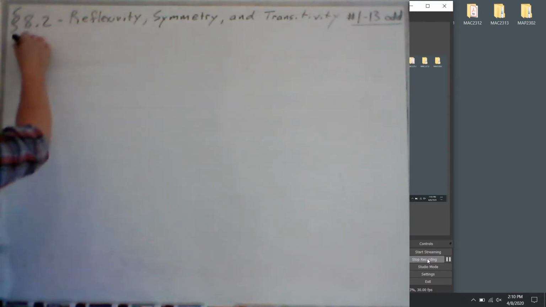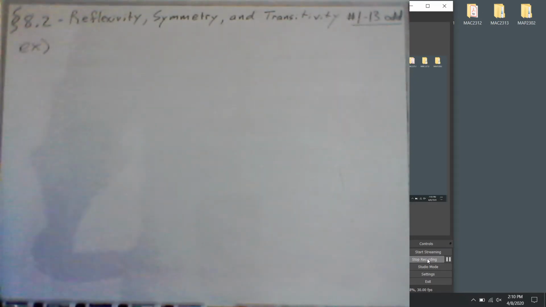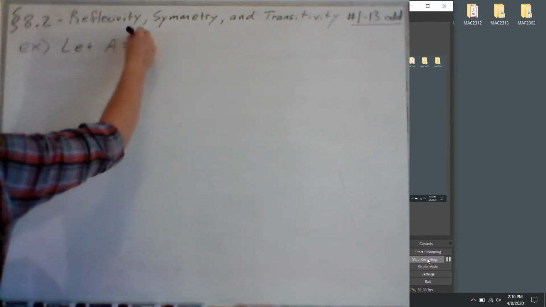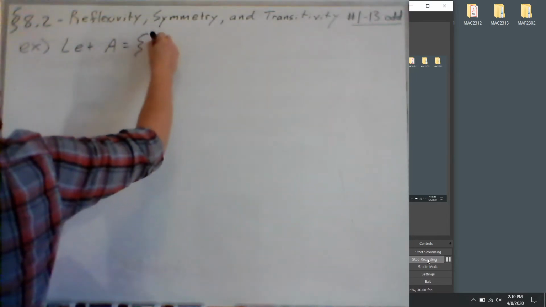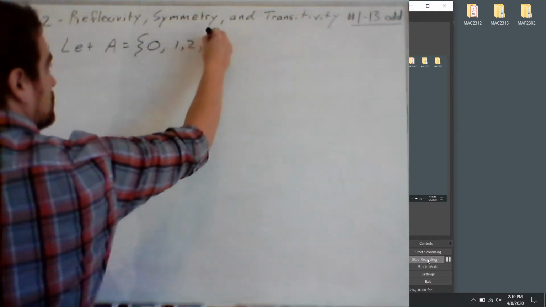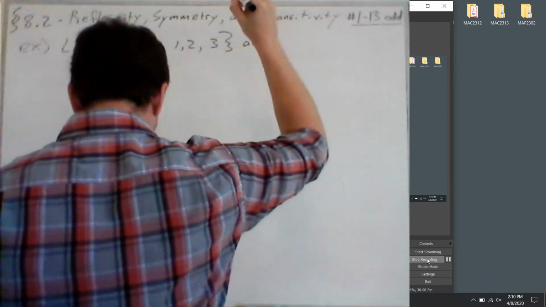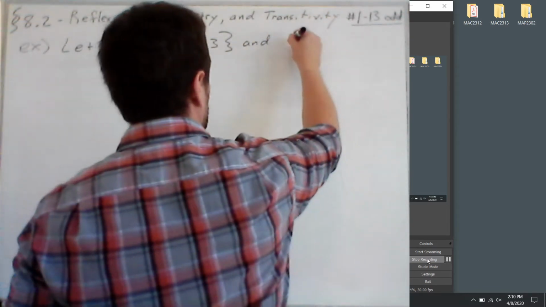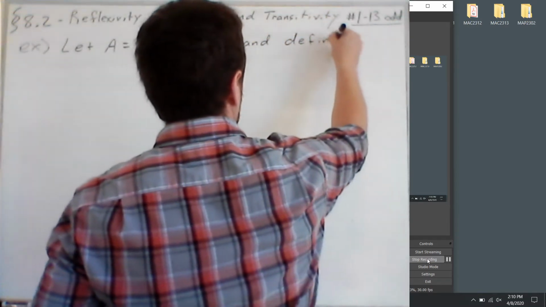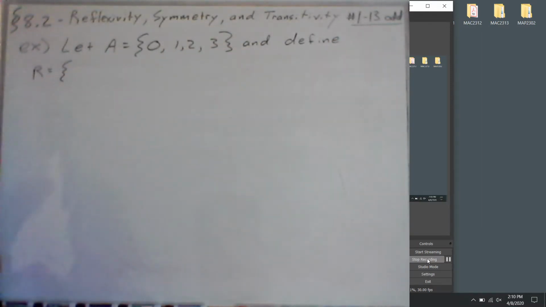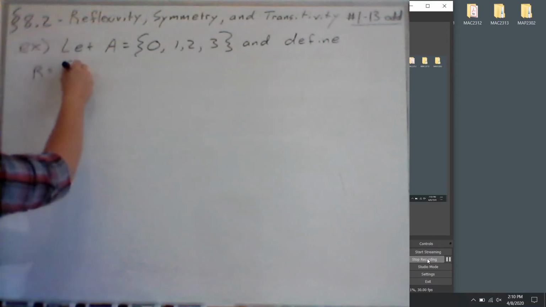For our first example, let the set A be the finite set {0, 1, 2, 3}, and define R.